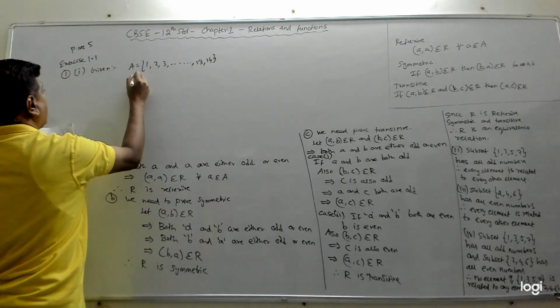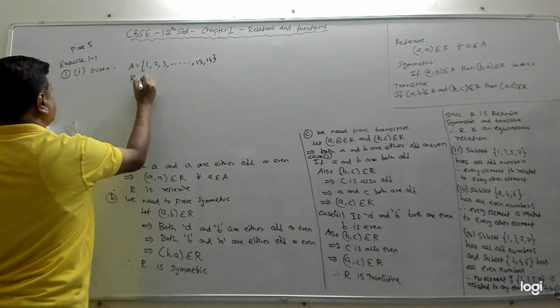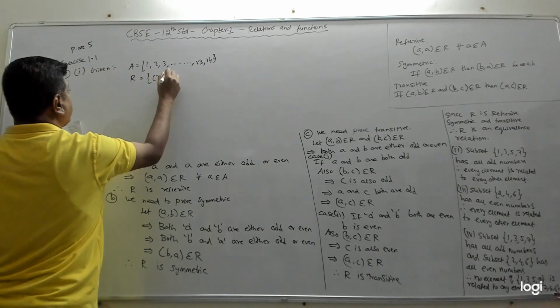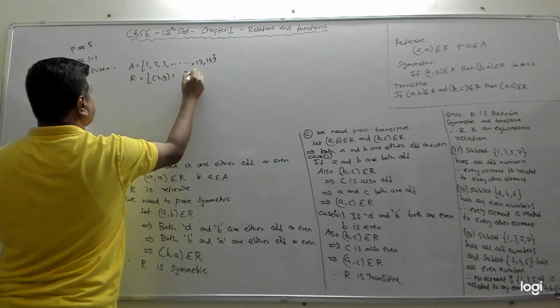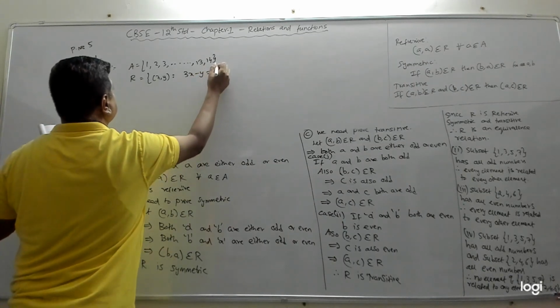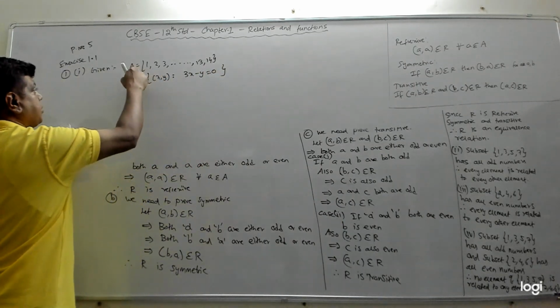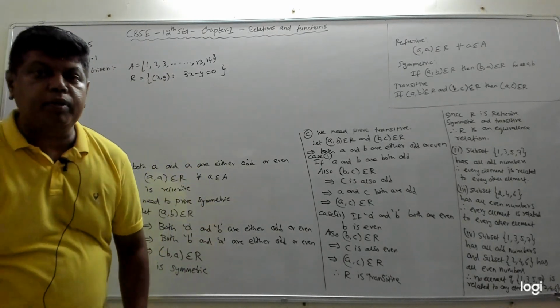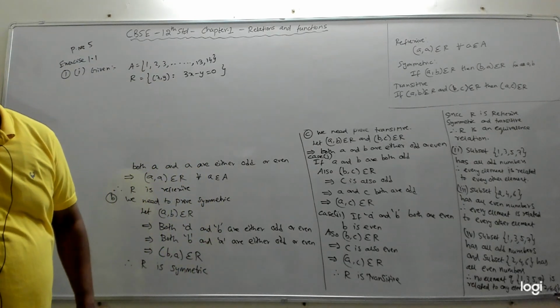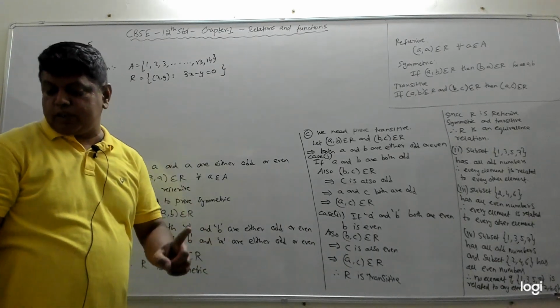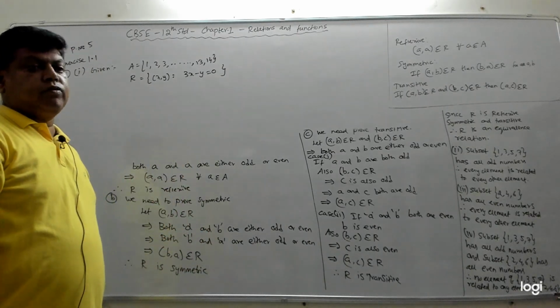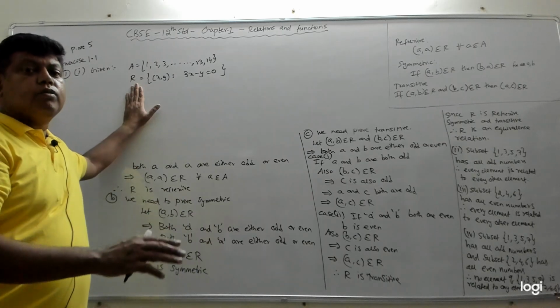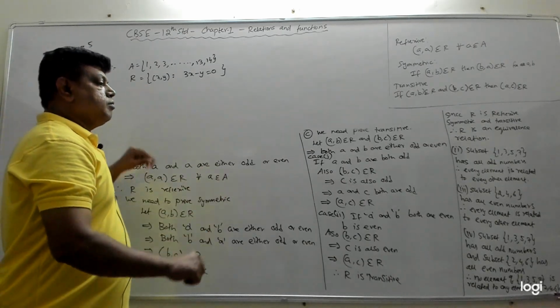And the relation R on A is defined as the set of all x comma y such that 3x minus y equal to 0, where x and y are coming from set A. Now what should we check? We should check whether this relation is reflexive, symmetric and transitive.